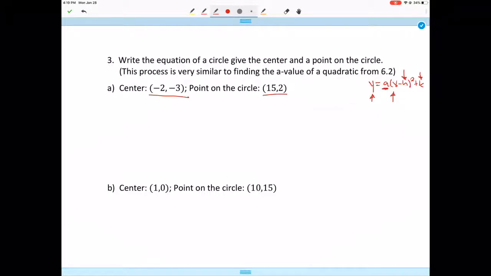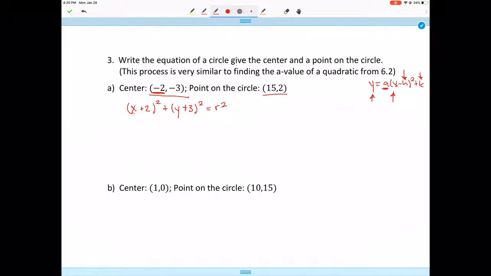So here we have our center. We already know how to plug in our center. So x plus 2, because we switch the sign when we plug it in, squared, and then we have plus y minus a negative 3 gives us a positive 3 squared equals r squared, because they don't give us what the radius is, but we are going to solve for it.